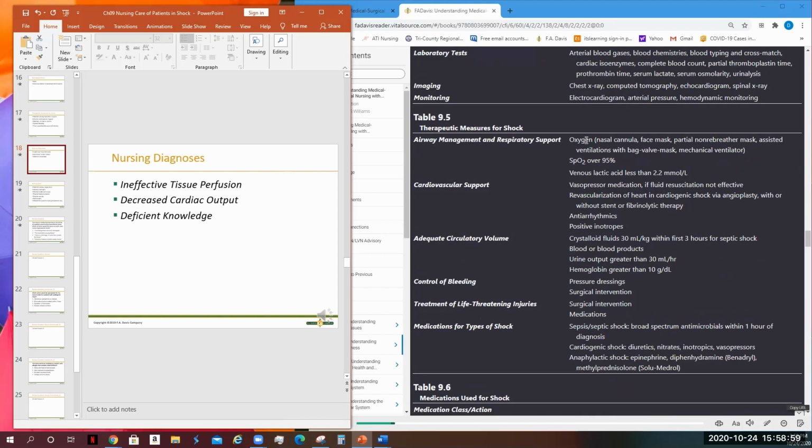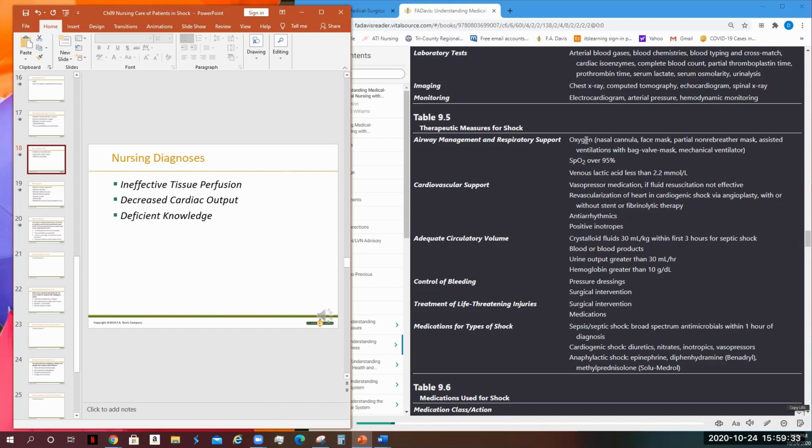For cardiovascular support, the measures include a vasopressor medication if fluid resuscitation is not effective, revascularization of the heart in cardiogenic shock via angioplasty with or without a stent, or fibrinolytic therapy. There's also antiarrhythmics and positive inotropes.